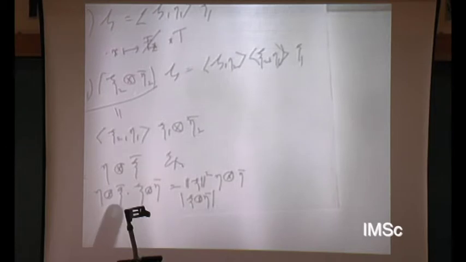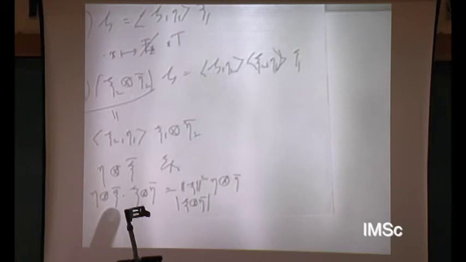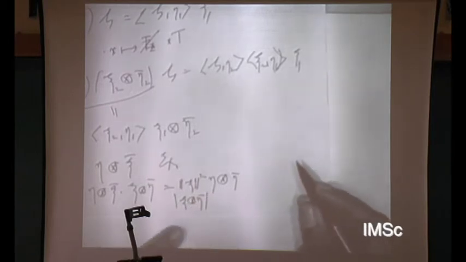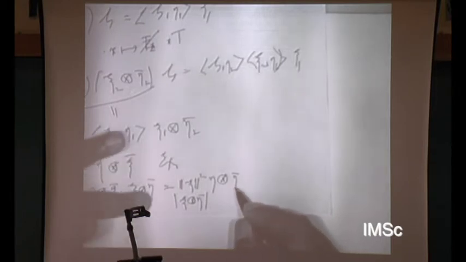I'm putting psi equal to eta in this. If you take eta tensor eta bar squared, you get norm eta squared times eta tensor eta bar, right?